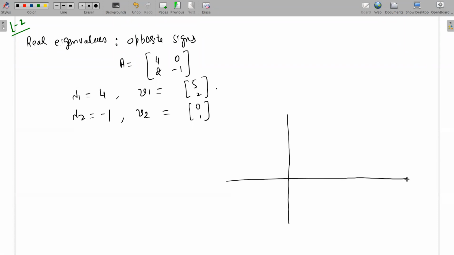Firstly, draw the direction of both eigenvectors. The first eigenvector is (5, 2), so it will be somewhere here, and this is just the direction of V1.